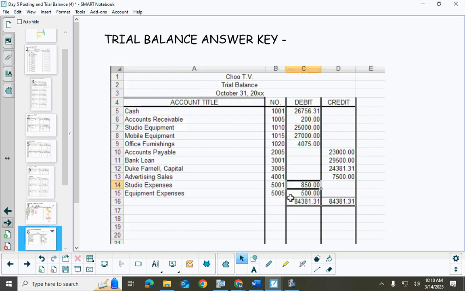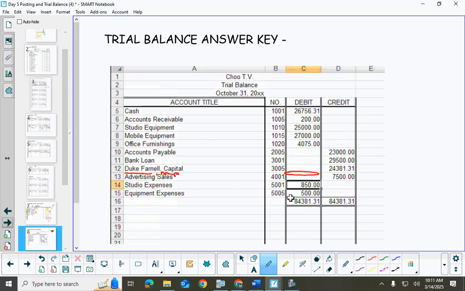So these were my final balances in each of my accounts. Again, you can see assets are all debits, liabilities are credits, capital is credit. There must have been no transactions using drawings, so that's why they left the drawings off. But if you had a drawings account, it would go right here and have a balance right there. So drawings are debit.